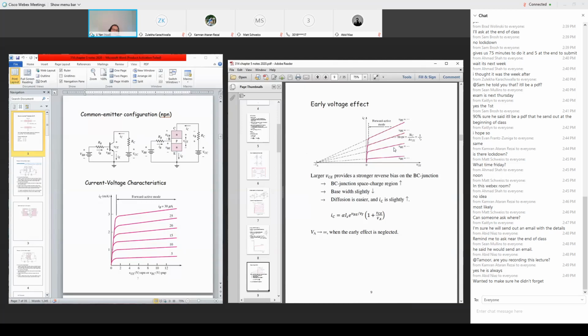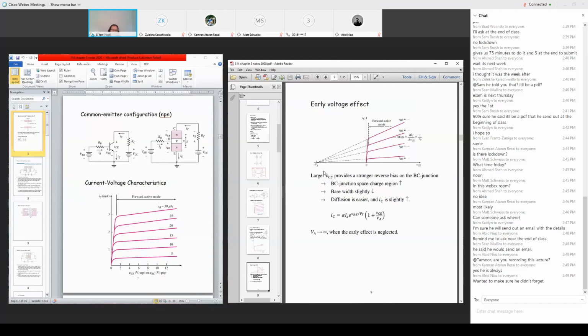They tilt, but if you extrapolate to the left-hand side, they all join at a single point. That's the Early point. The Early voltage, in terms of measurement, is negative, but the magnitude is VA. So the Early voltage is VA.